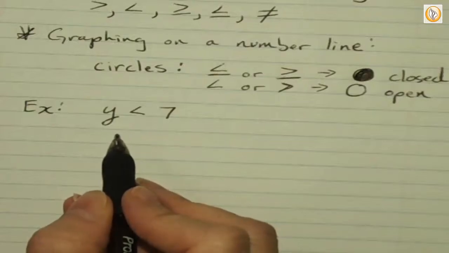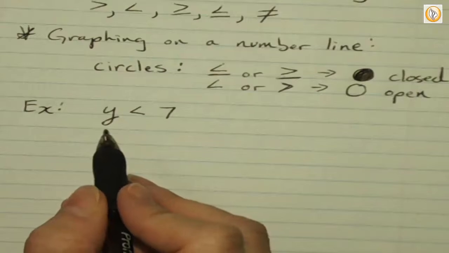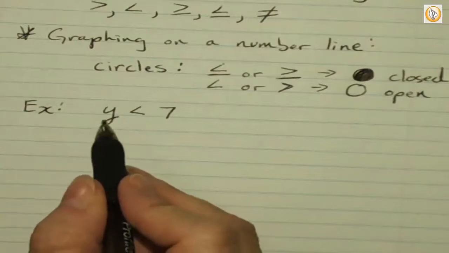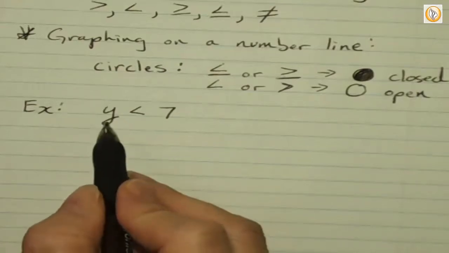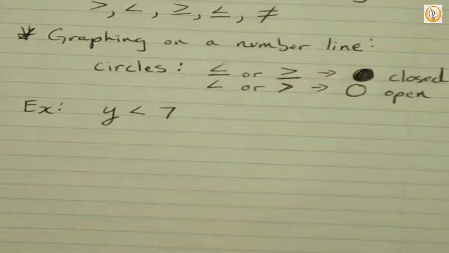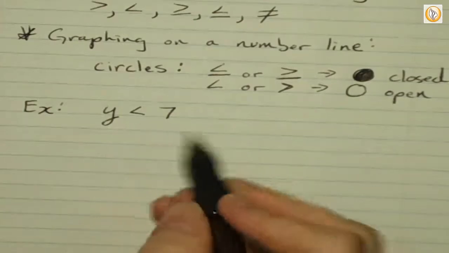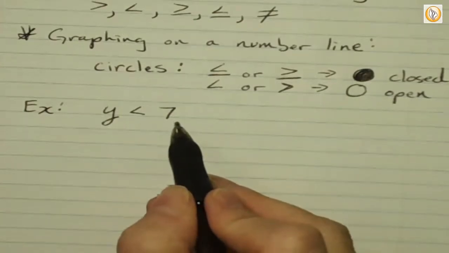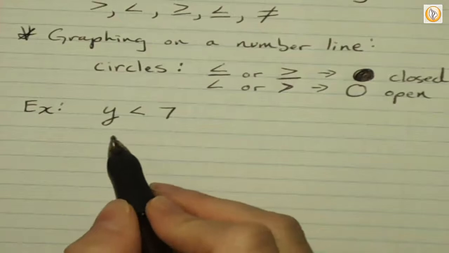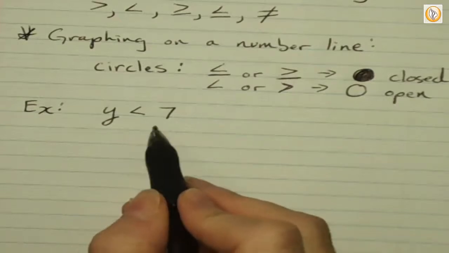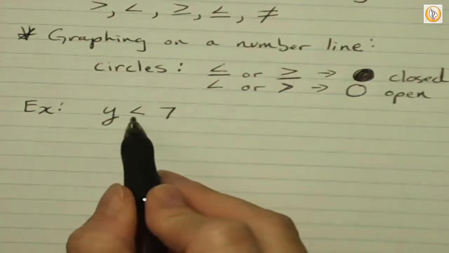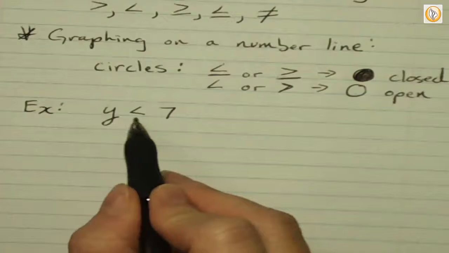Chat? -5. -5 is less than 7. It can be decimals or something, but it's saying that Y can be any number less than 7. Can it be 7? No. Keith, why not? Because 7 ain't less than 7. Well, also because you don't see an equal to.